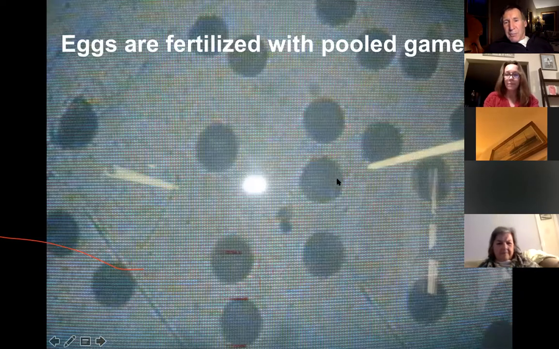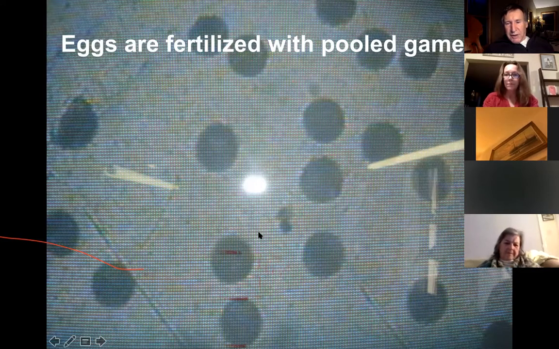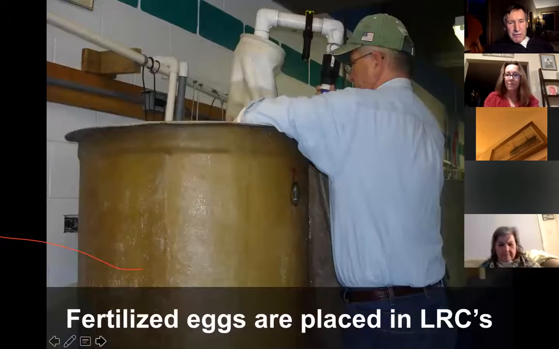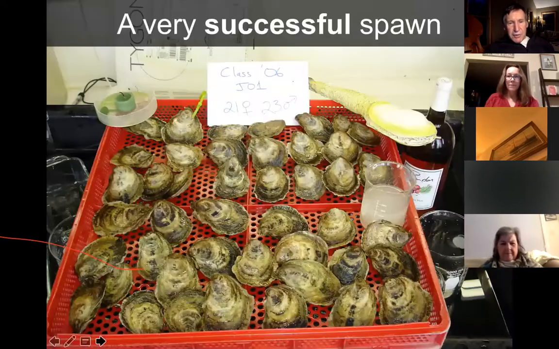And then you look under the microscope and you see a little dot called the polar body, and you might see cell division. They split in half and they look like a cluster of grapes. And then you can put them in your larval rearing conical, which we fill up, and you raise your larvae.